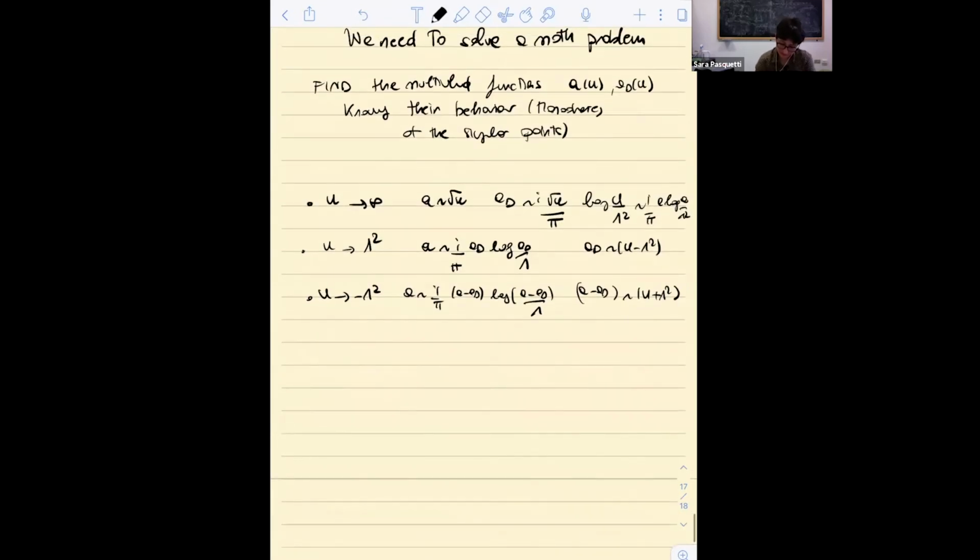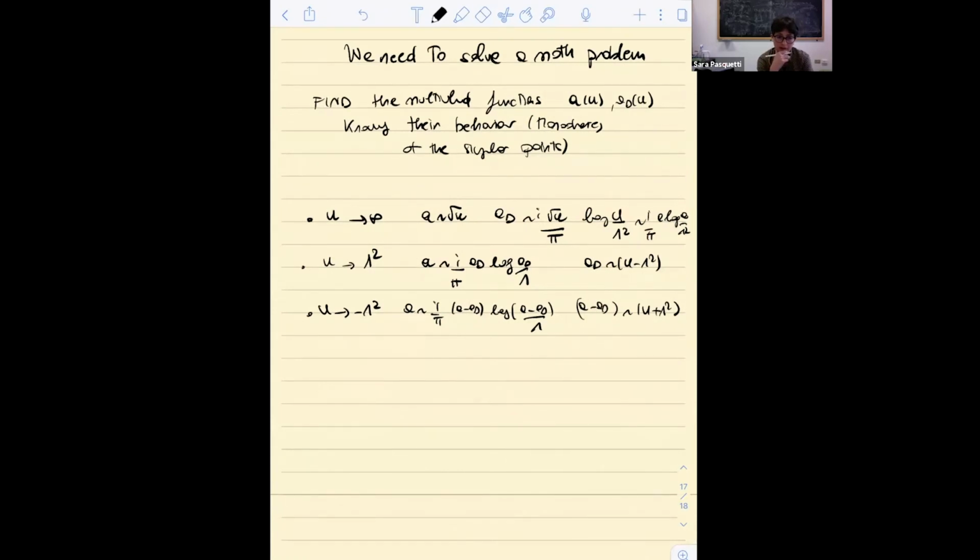So we are trying to find functions A and A dual as a function of the U parameter everywhere in the moduli space, knowing how they transform under monodromies at the singularities.